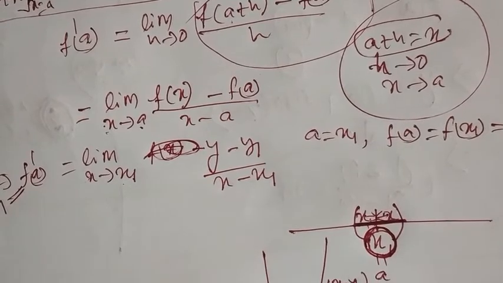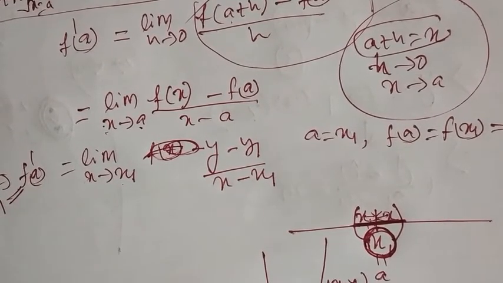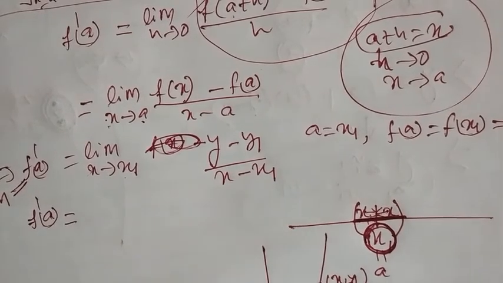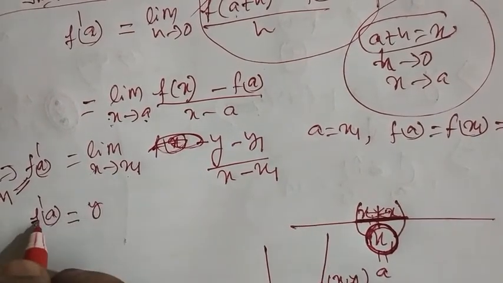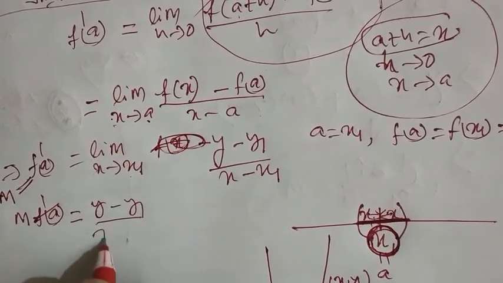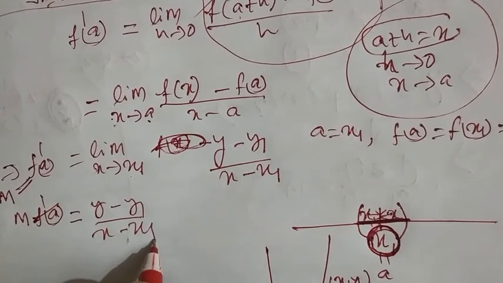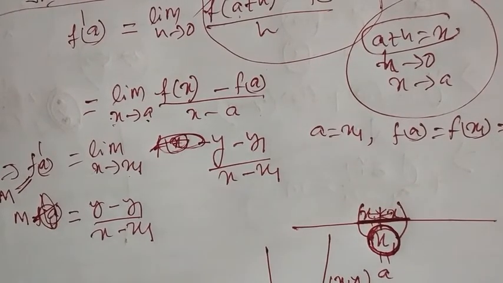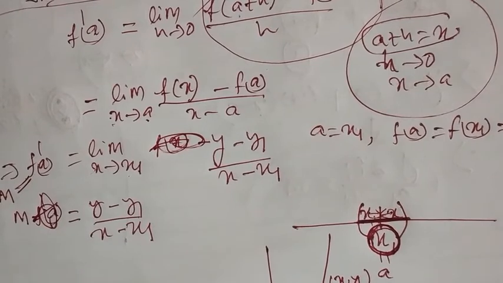I will show you here. Now f dash a, which I write as m, is equal to y minus y1 by x minus x1 when I bring x sufficiently close to x1, that is, when I magnify this point with x1 as center.